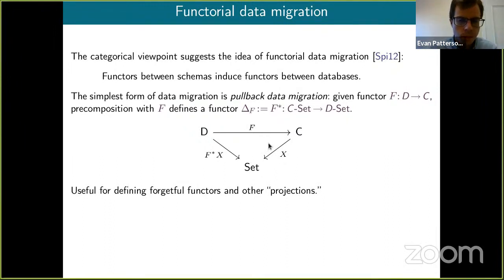There's a limit to what you can express with this. Nevertheless, it's useful already for defining some things. I like to think it's useful for constructing forgetful-type maps or other things, projections, things like that.